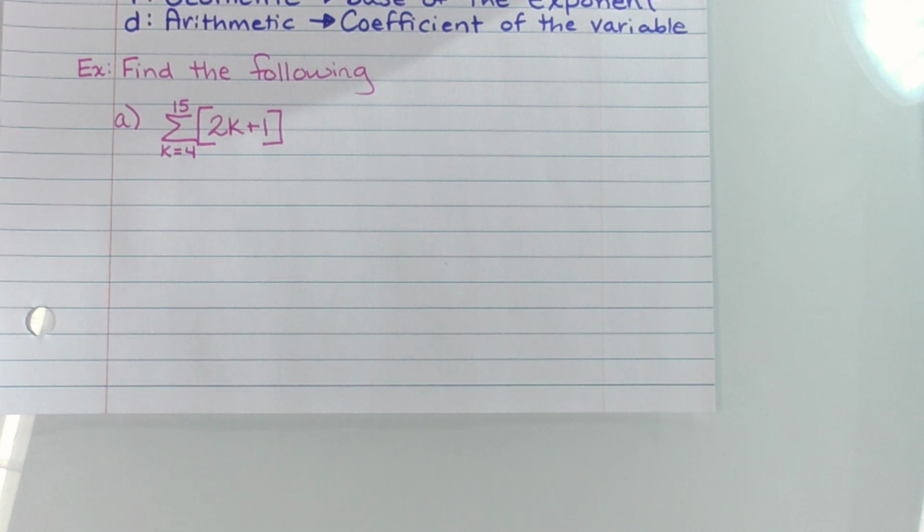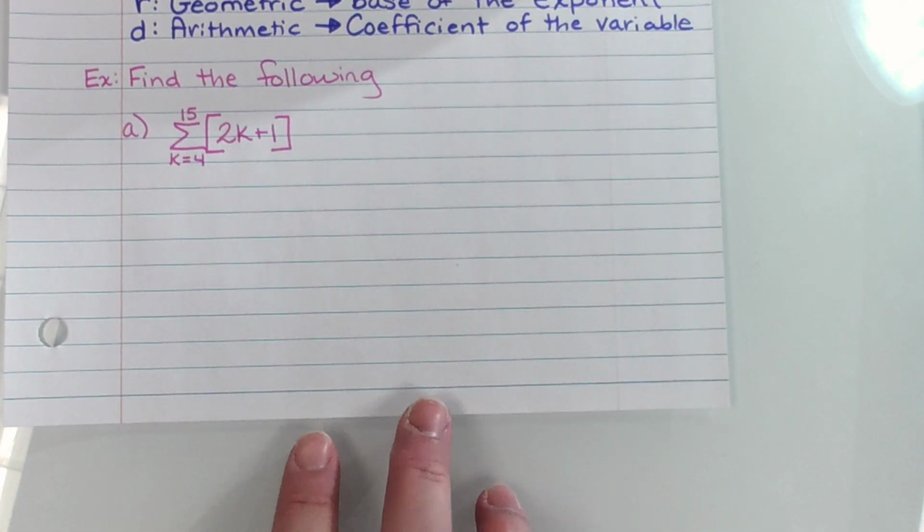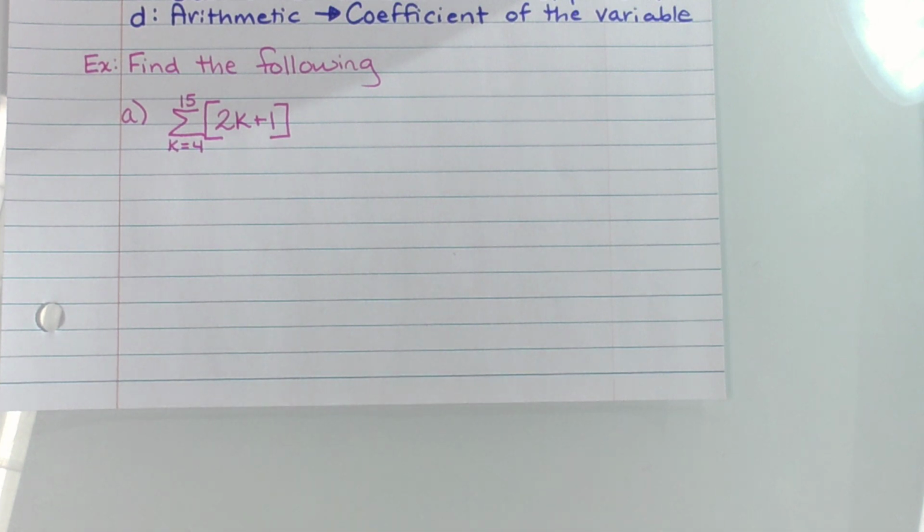And you have to have that, because if this was just 2k without the parentheses around the plus 1, then the sigma notation actually would end at the 2k, and the plus 1 would just tell you once you found the sum of the series that had 2k, then at the very end of that, it would tell you to add 1 to it once. By having the plus 1 in the parentheses in the bracket, it's being interpreted that that is all a part of actually finding our sum of our series.